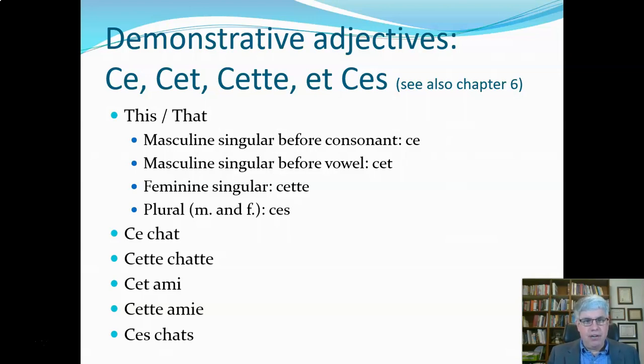And generally, what we have is ce, cet, cette, and ces. We have the masculine singular, the masculine before vowels, the feminine singular, and then the plural for everything. We'll see how that plays out later.